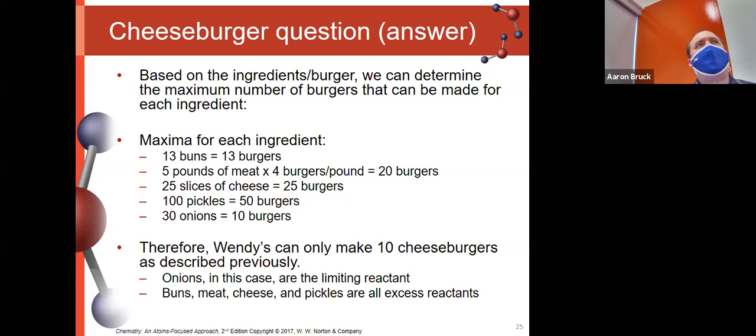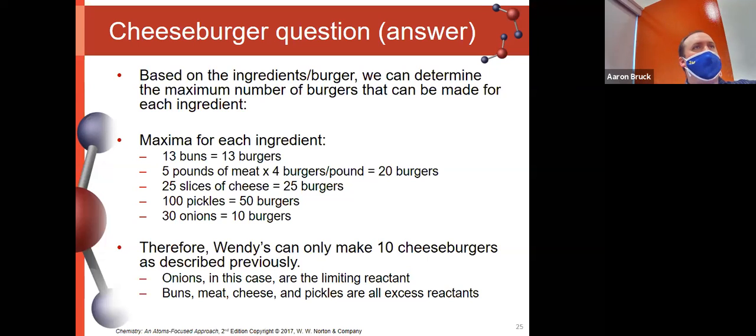Now, the reason I bring up this analogy is because when we do limiting reactant problems from a stoichiometric standpoint, we're going to follow the same kind of process. Meaning, I have this much of reactant 1, this much of reactant 2. How do I know which one's the limiting reactant? I've got to figure out how much product each one of them makes.